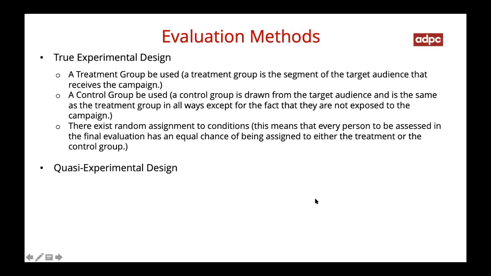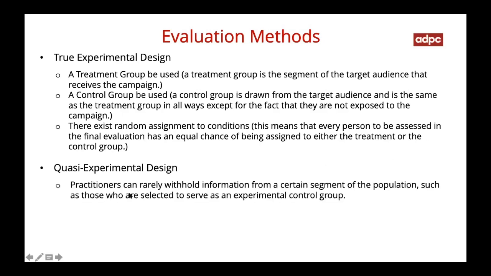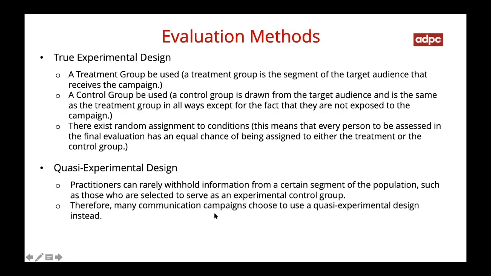And then you have the quasi-experimental design. Practitioners can rarely withhold information from a certain segment of the population, such as those who are selected to serve as an experimental group. Therefore, many communication campaigns choose to use quasi-experimental design. And the true experimental design requires more work, no?